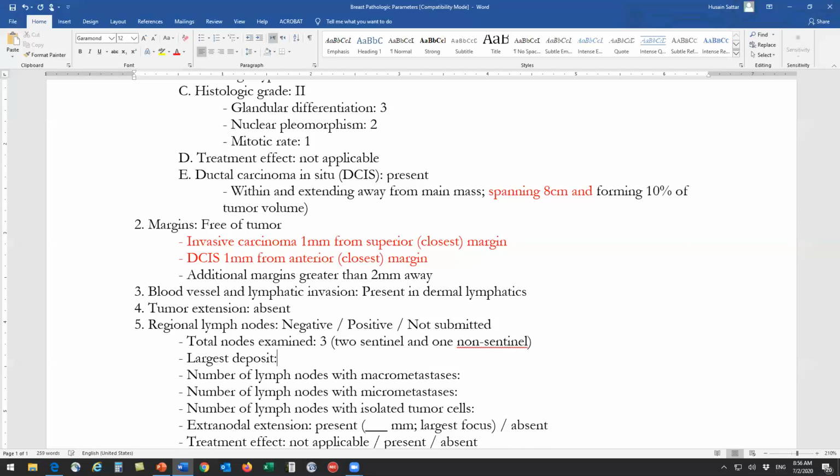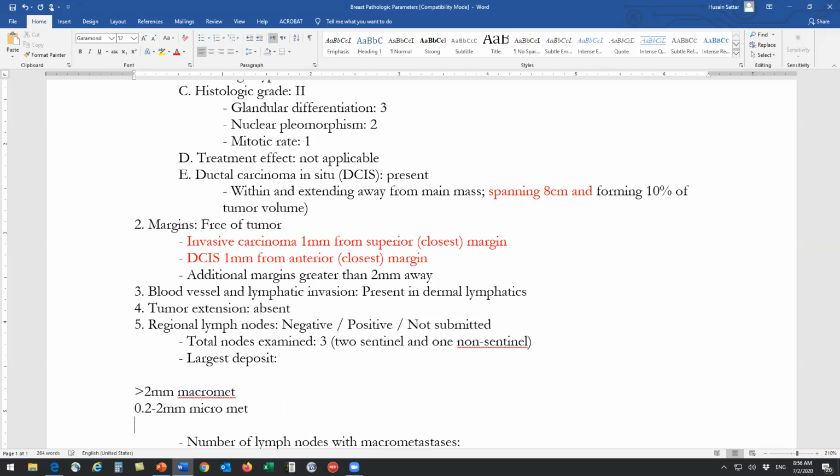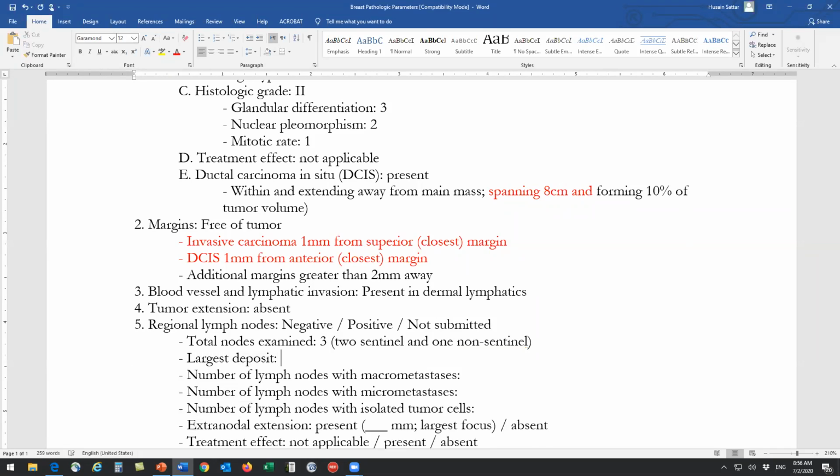This is important, so I just want to repeat this. If it's greater than 2 millimeters, that's macromet. If it's 0.2 to 2 millimeters, that's micromet. And if it's less than 0.2, that is called an isolated tumor cell cluster, ITC, okay? We need to report this because patients get staged differently.